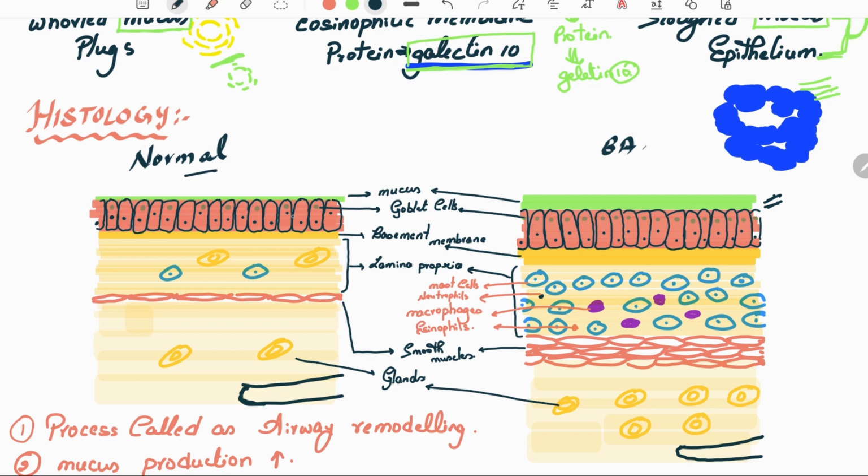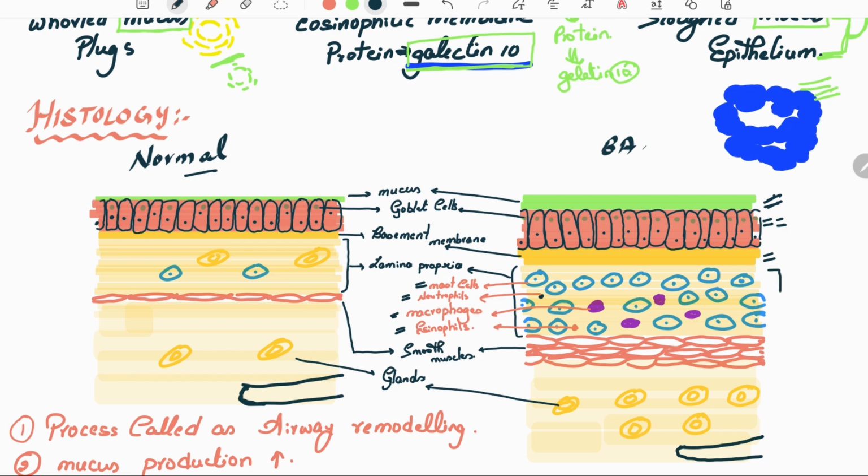In the normal, we have minimal goblet cells. In bronchial asthma, we have more goblet cells. And thickening of the basement membrane increases. And in the lamina propria, we can observe mast cells, neutrophils, macrophages and eosinophils. These are all the cells that we observe in inflammation.